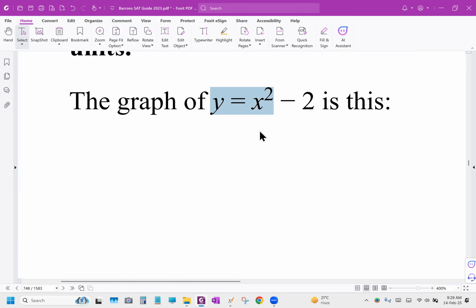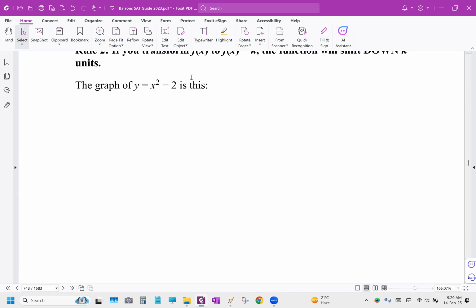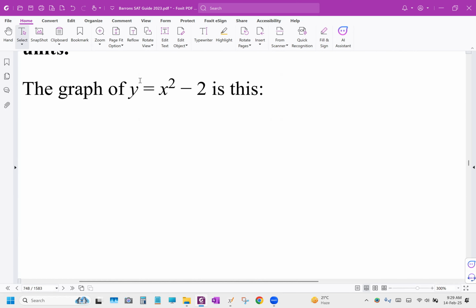If you want to shift the graph of this equation downwards, what do you need to do? You need to subtract the amount of units you are interested to take it downward.